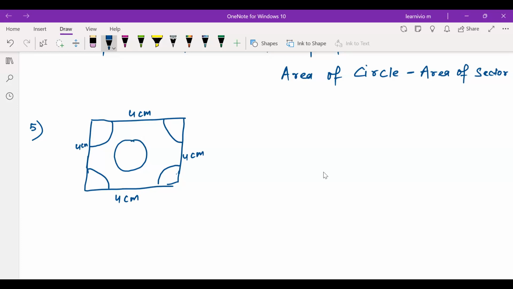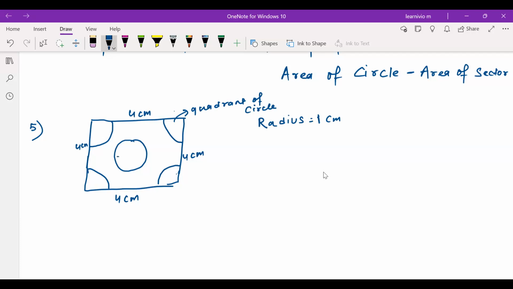So from each corner, a quadrant of a circle, one fourth part of a circle, whose radius is given as 1 centimeter, is cut, and also a circle of diameter 2 centimeter is cut as shown in the figure.